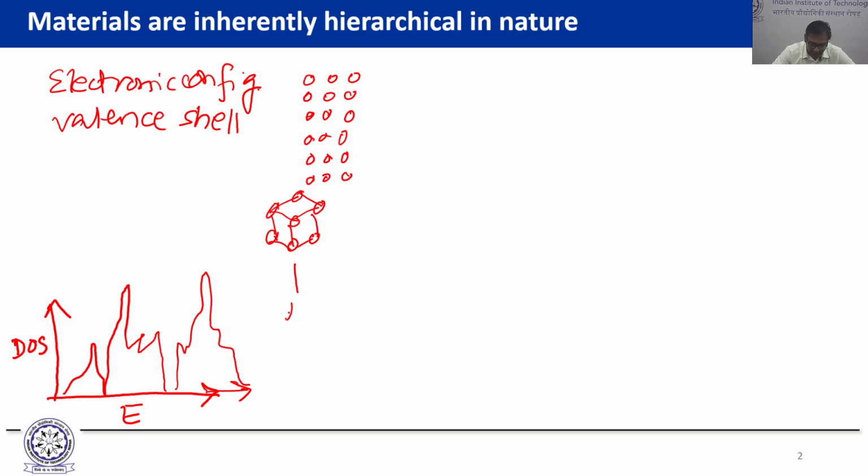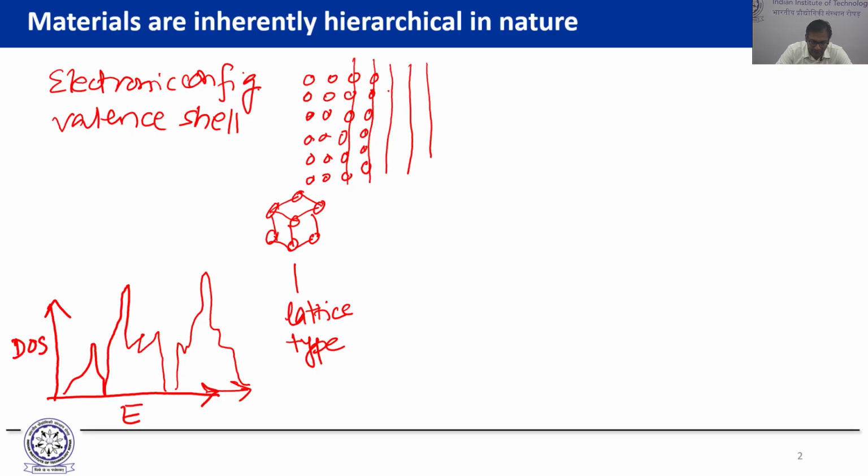So what type of lattice does your material have? Whether this is a simple cubic lattice, which is what I've shown over here, or a hexagonal lattice, all of that is going to make a difference. Now, as you keep on going up the length scale, you can start thinking not just in terms of the basis atoms on the lattice, but the lattice planes themselves, and a bunch of lattice planes come together, and that gives you the crystal.